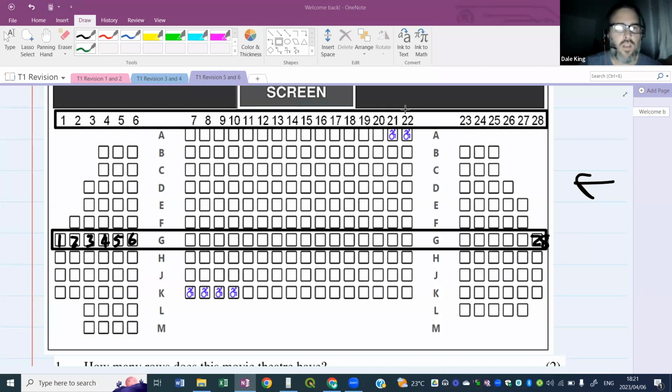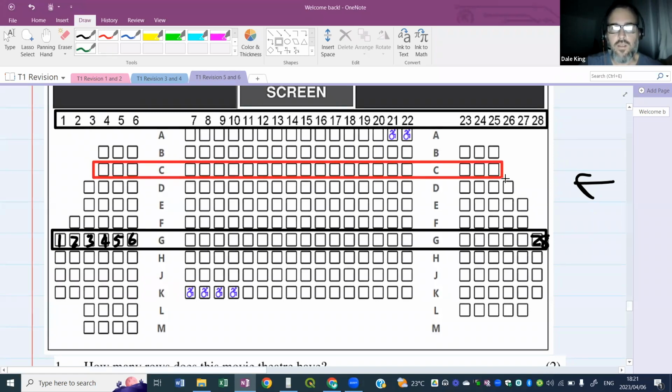Let's have a look at row C. I'm going to use red for row C, so I'm going to highlight that row. It's all of these. The question is, is it all 28? No, it's not 28. We've got some missing: 3 missing on this side and 3 missing on that side. Otherwise it would be all 28. So it's 28 minus 3 on the one side and 3 on the other side.